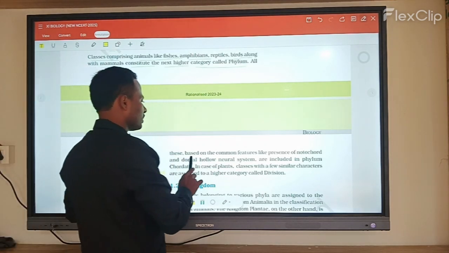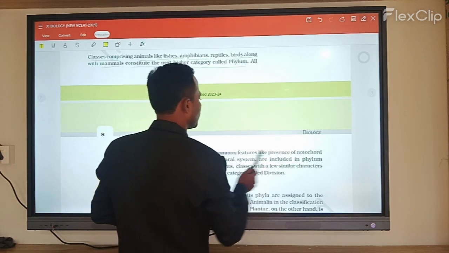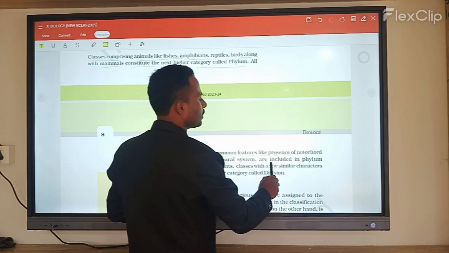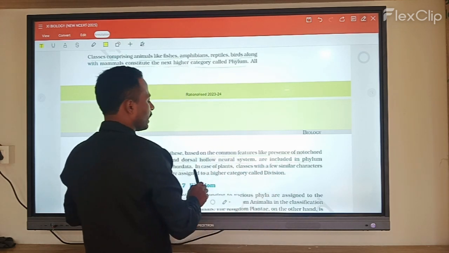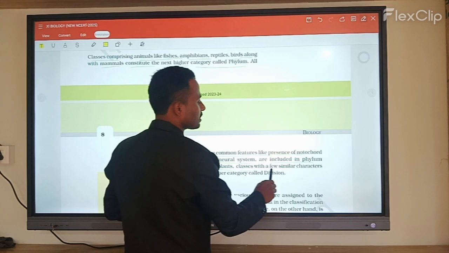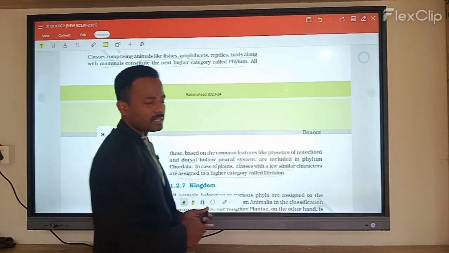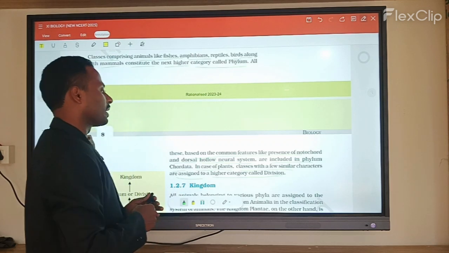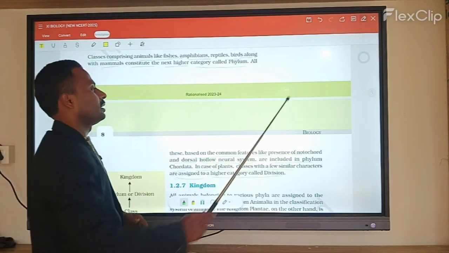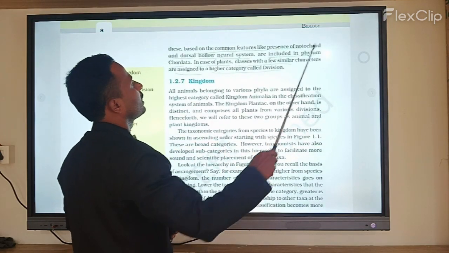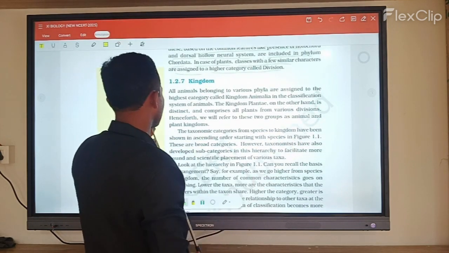Based on common features like the presence of the notochord, a dorsal hollow nervous system, they are included in the phylum Chordata. In the case of plants, a few similar characters are assigned to a higher category called division. So the few characters with similarities we keep under the division or phylum. Next one is the kingdom.